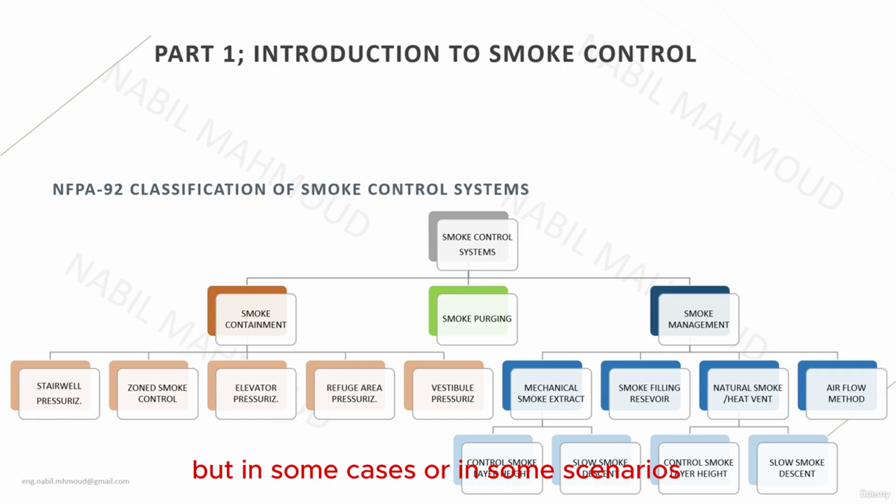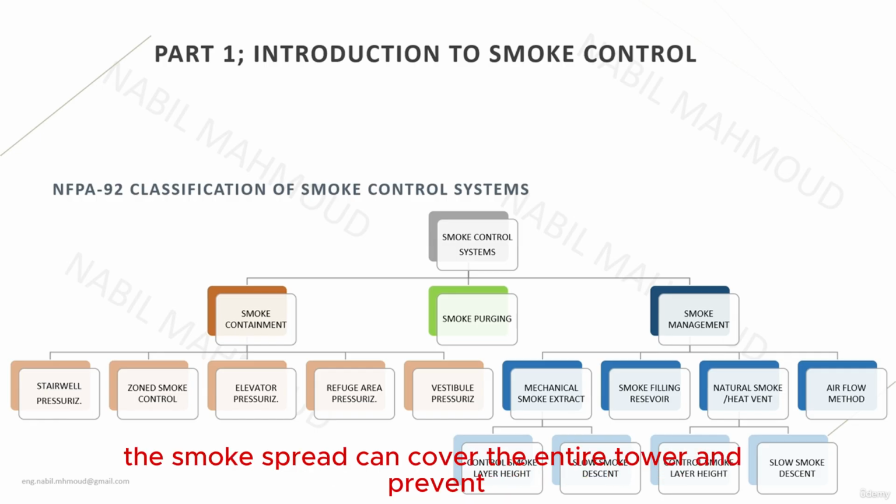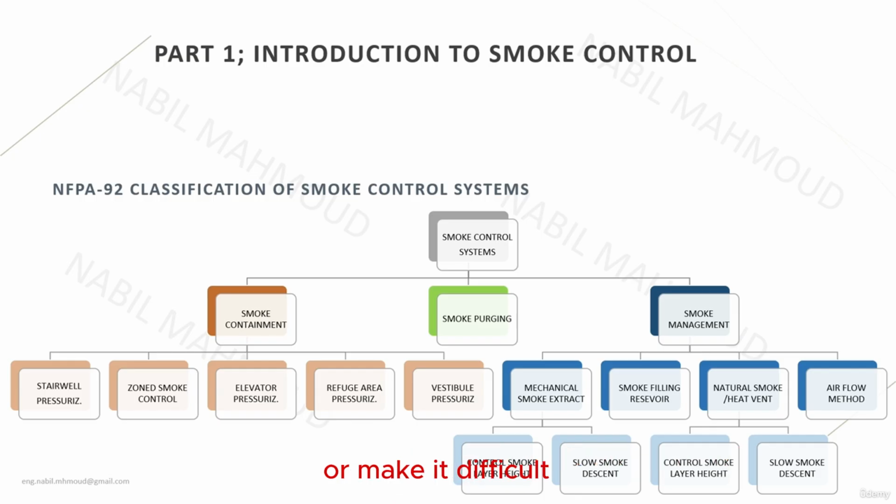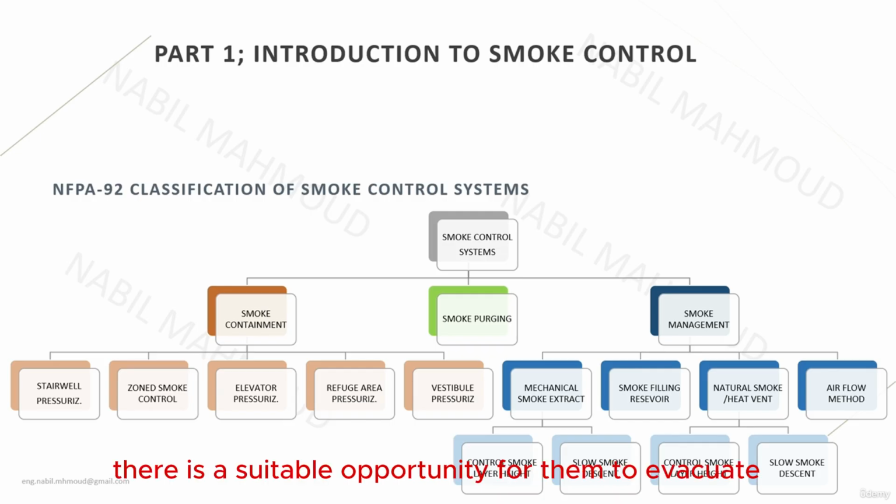But in some scenarios, the smoke spread can cover the entire tower and make it difficult for the occupants to evacuate the top floors. So in this case, there are some refuge areas that the occupants can stay inside until the firefighters reach the place or until there is a suitable opportunity for them to evacuate safely.